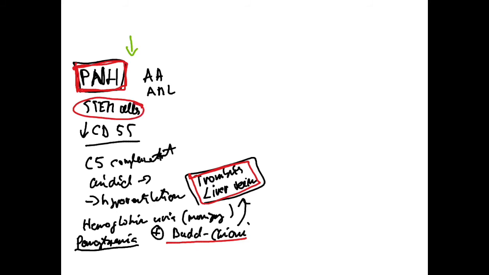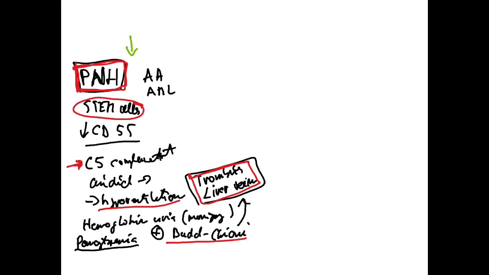It's decreased CD55 or no CD55, which protects your own erythrocytes against the complement. If it's not there, complement is going to destroy them, specifically in acidic environments, which happens during hypoventilation. That's why in the night and in the morning when they wake up, the urine is going to be dark.